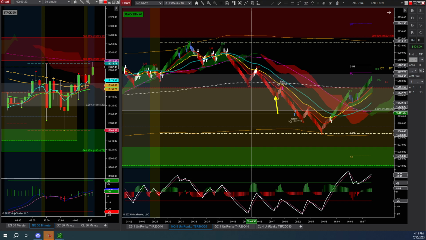Then we didn't do this one, and I was hesitating. I tell you, I was hesitating to take this one because I was looking at this target down below on the other side in here, and I did not take it, and then it came back and gave me a very nice wick out of the 34, and also the VWAP there as well.